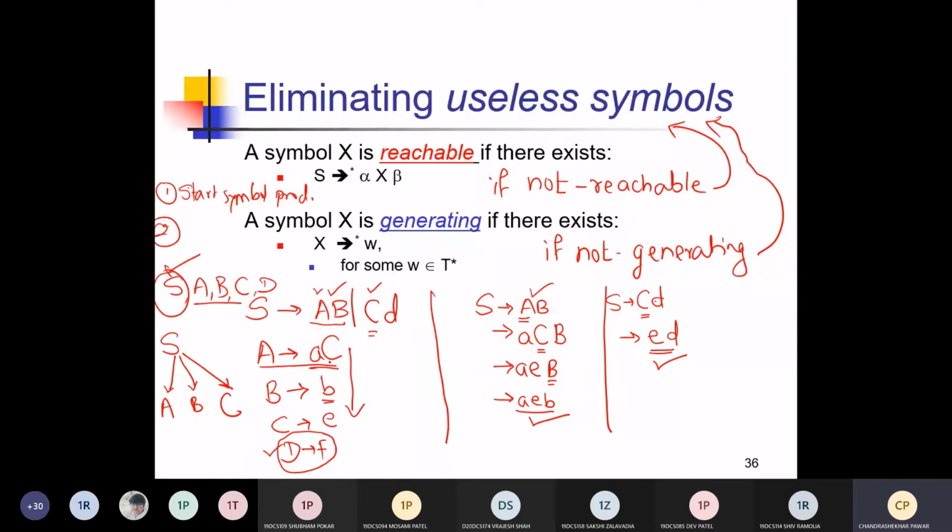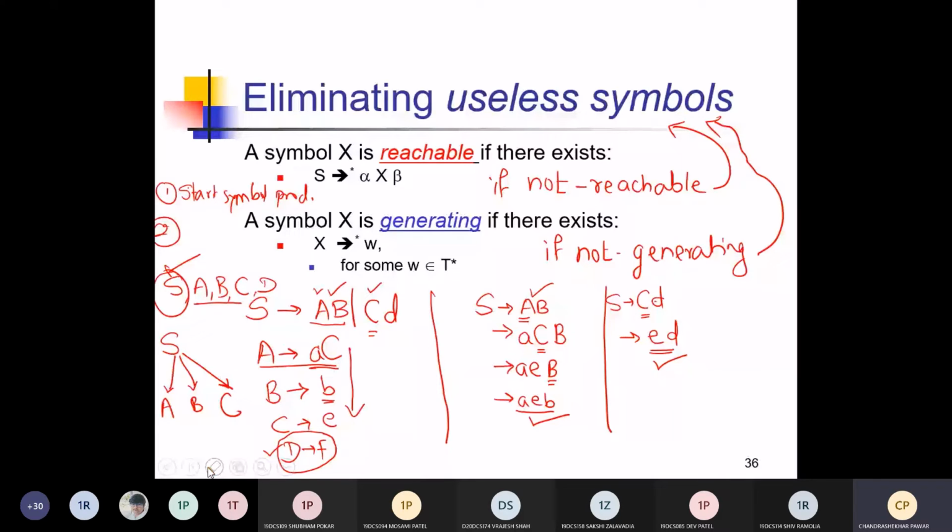No, it is not appearing here. If it is appearing somewhere here, then we say that it is reachable, but it is not appearing in any production of any other non-terminal other than the starting symbol.